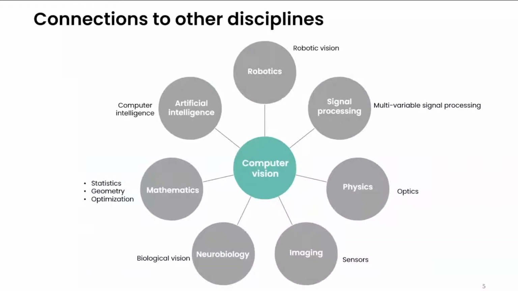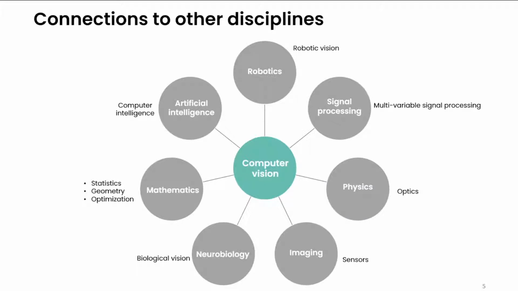Like many other fields, computer vision is an interdisciplinary field which involves acquiring, processing, and analyzing digital images. It either borrows technologies from, or benefits, a wide range of science and engineering fields, including AI.